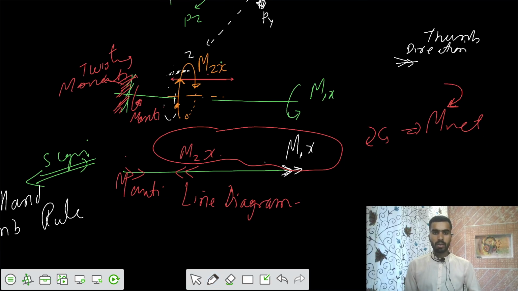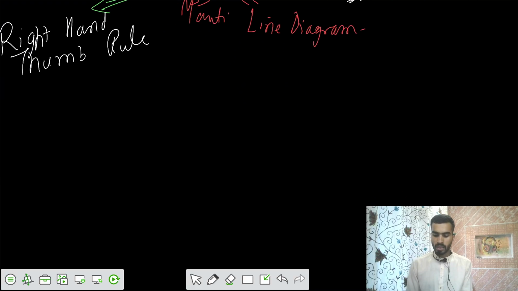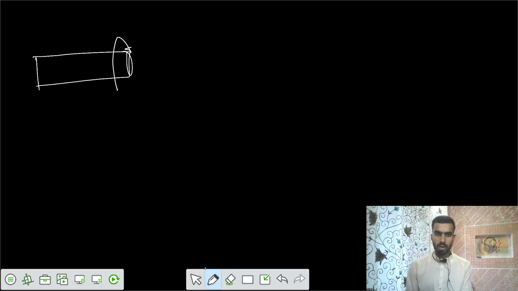Now we have the sign convention. Let's say you applied a moment here, and this was your circular shaft. You applied a twisting moment or torque of T in the clockwise direction.